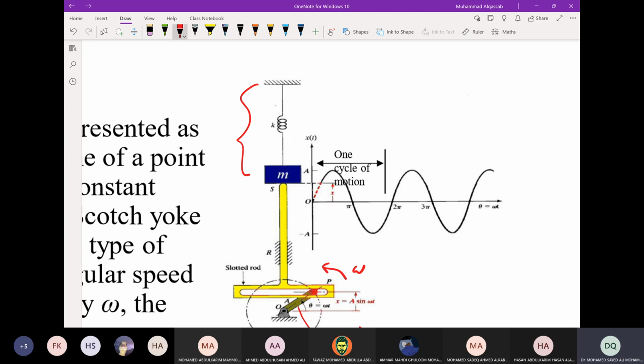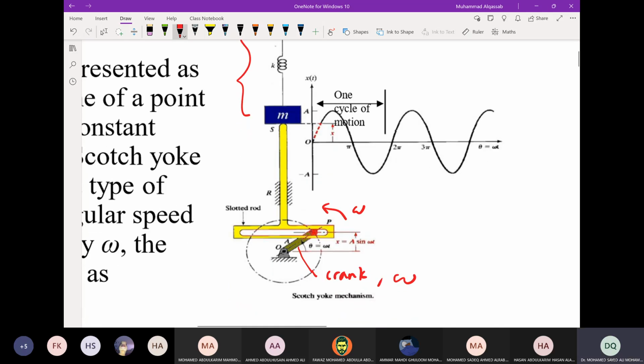Here our model, which is the spring-mass system, is added, and you can see that the motion of the mass is equal to the motion of the rod. Okay, and you need an equilibrium position, which is when theta equals 0.